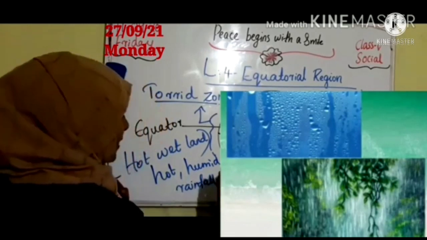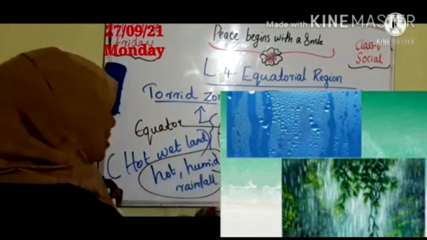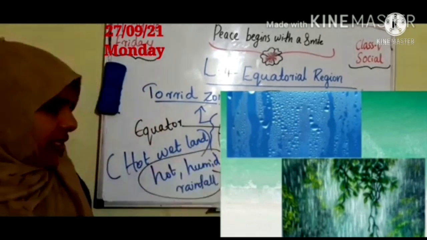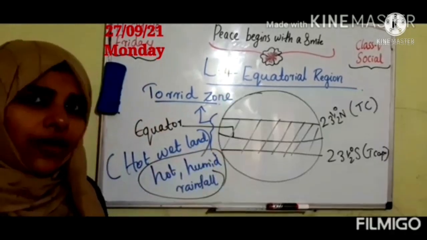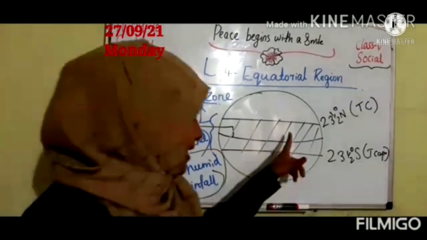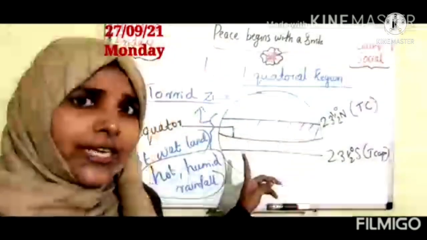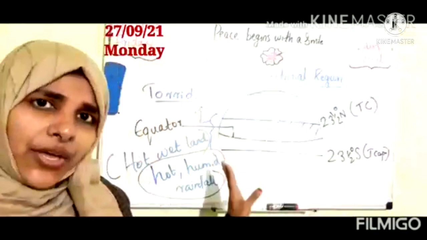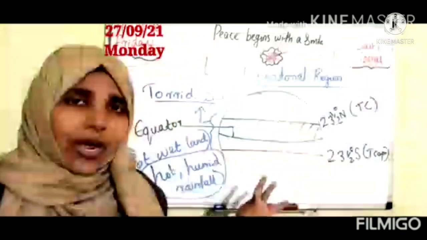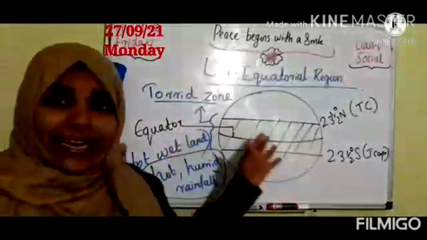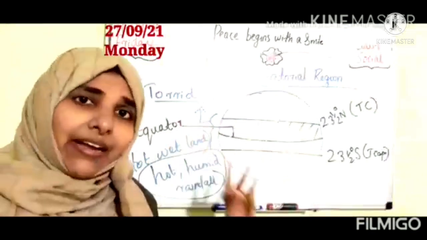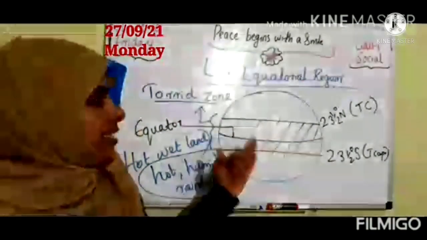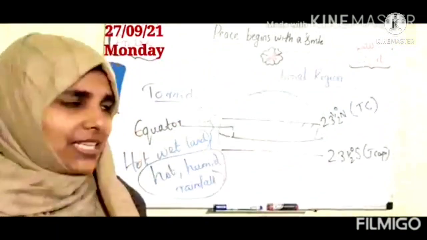That's why we call it a hot wetland. The equatorial region is also called the hot wetland and it lies at 0 degrees, north and south of the equator. I am going to teach you about the different areas in the equatorial region, then climate and vegetation. These also we can discuss in this session.